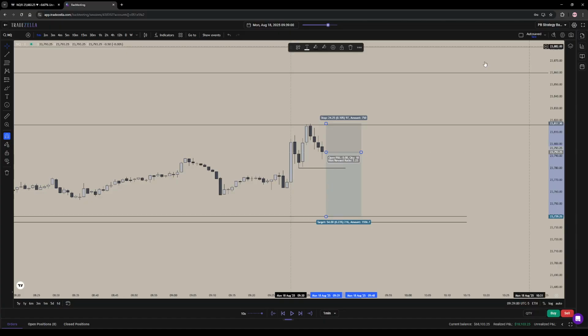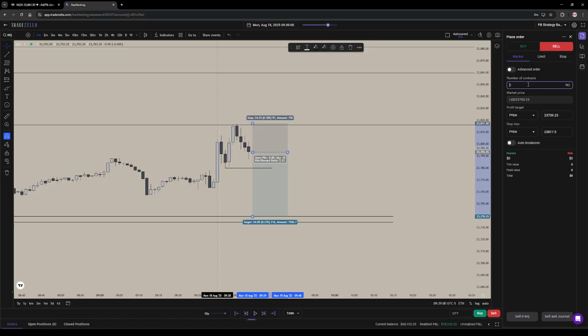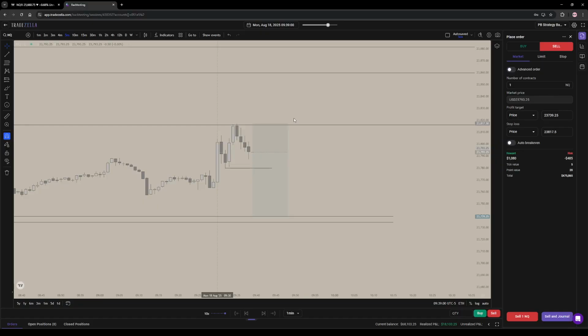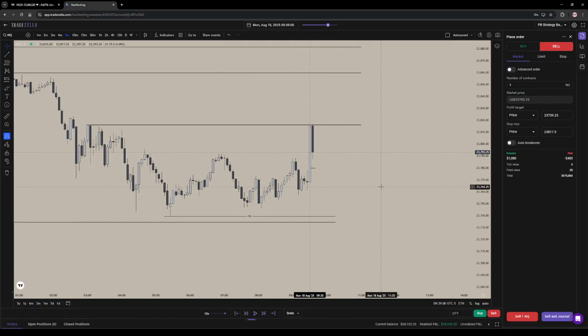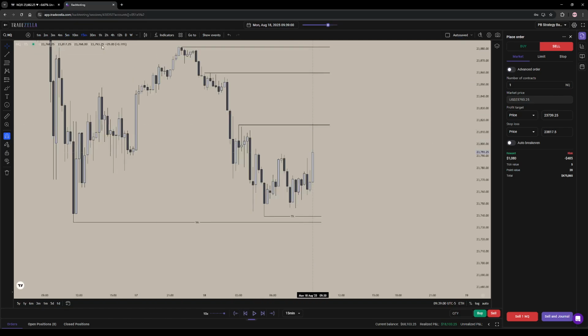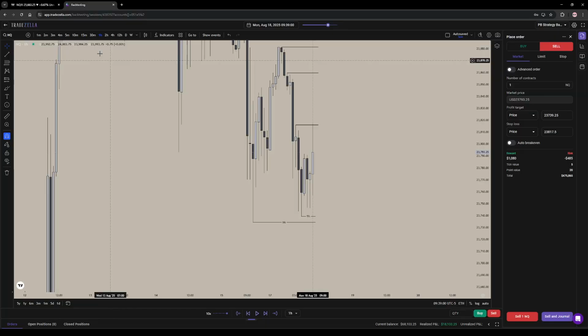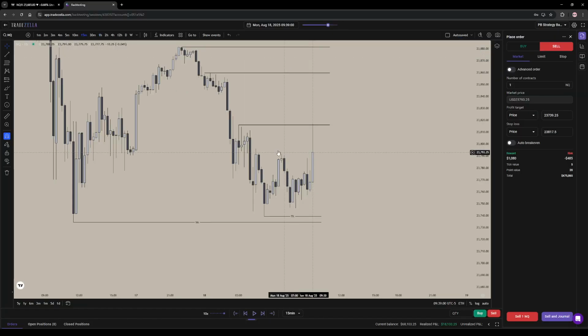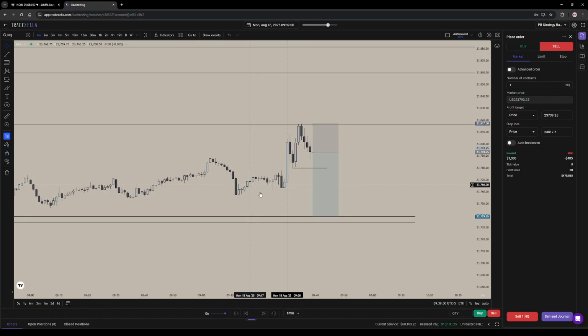Just going to aim for this first draw. Yeah, stacked LR below, there's 1 hour, swept London high. Yeah, I think this looks nice. I want to take this.